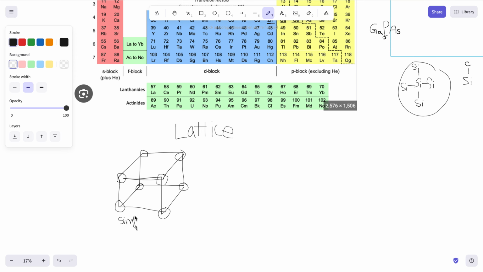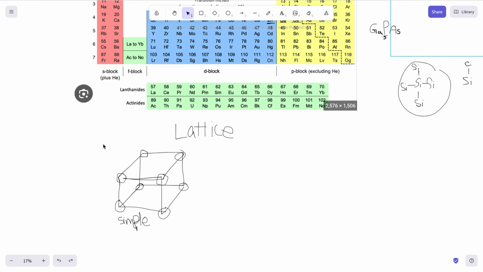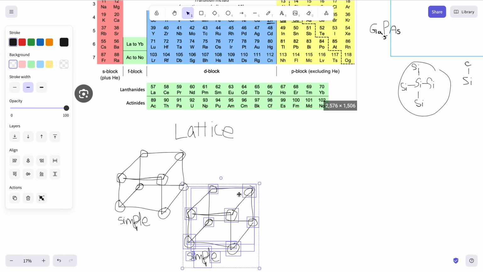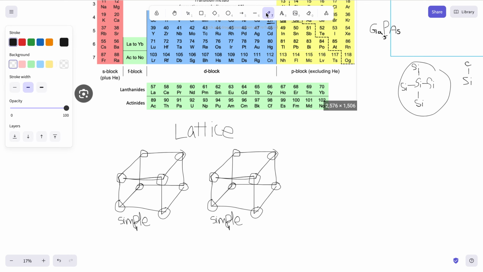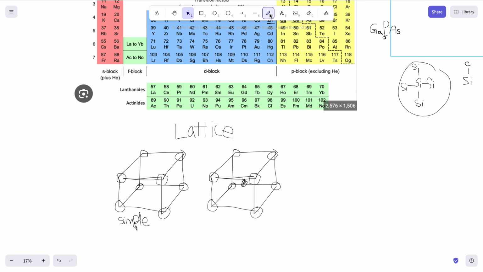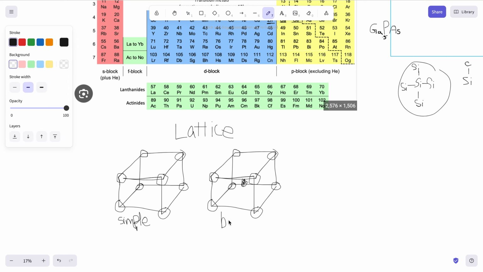Then we also have body-centric lattice, which is actually very similar to the simple cubic lattice, except now there is an atom in the middle. And so we call this body-centric.